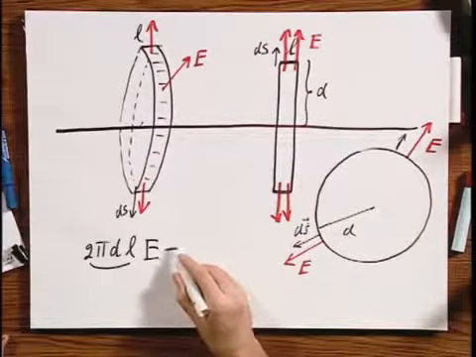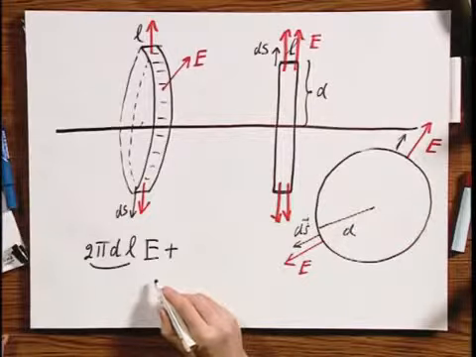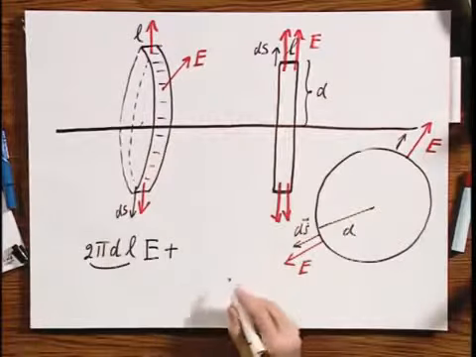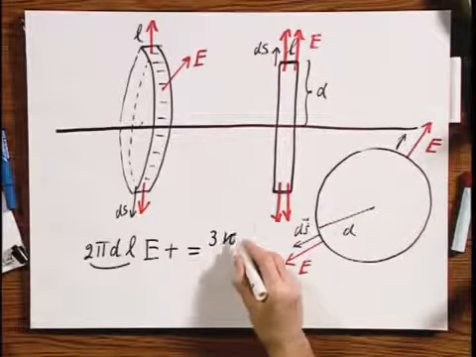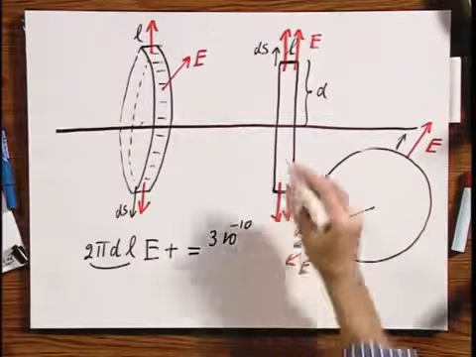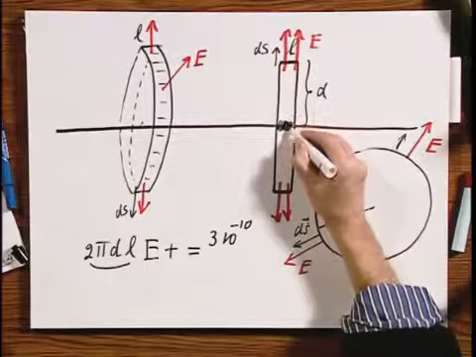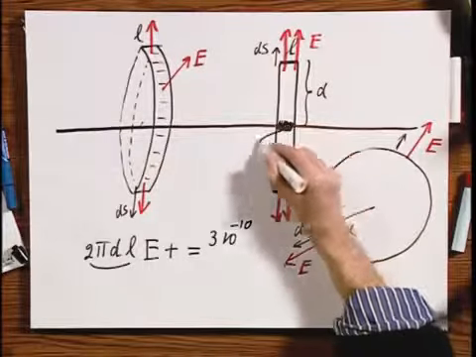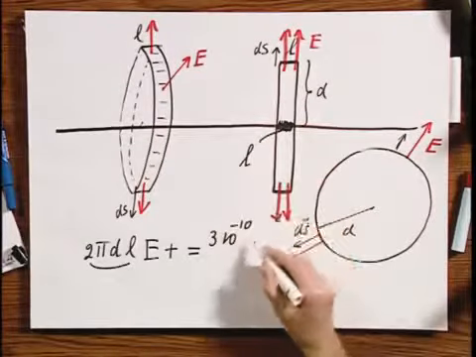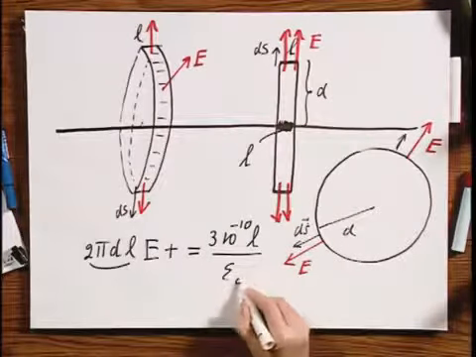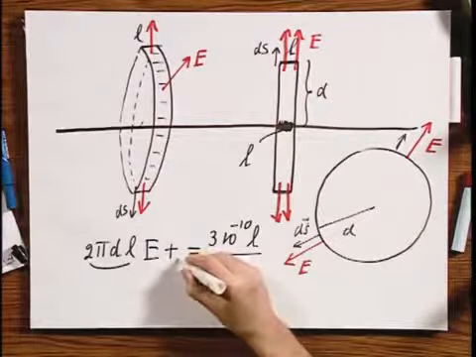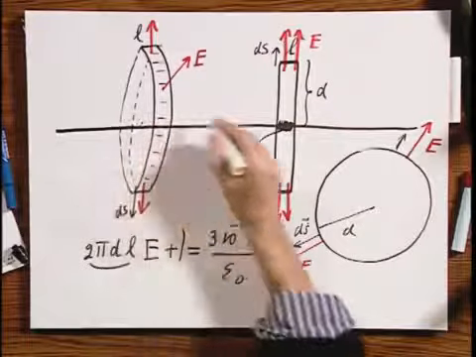I have to add now the flux that escapes from the sides, and that then equals 3 times 10 to the minus 10, that is the charge that is located here at the wire, which has a length L, times L divided by epsilon 0. What is the flux that escapes from the sides?